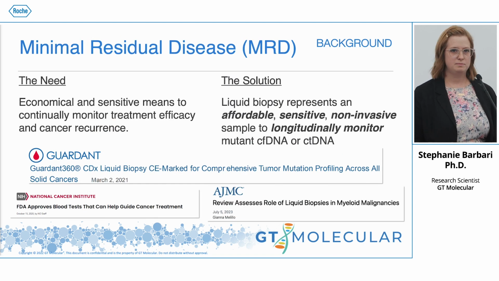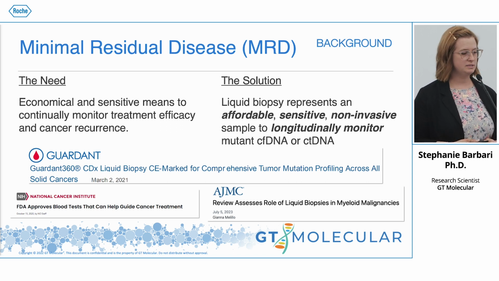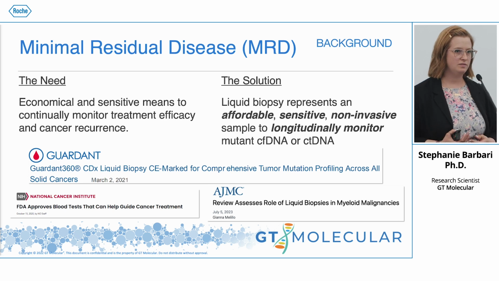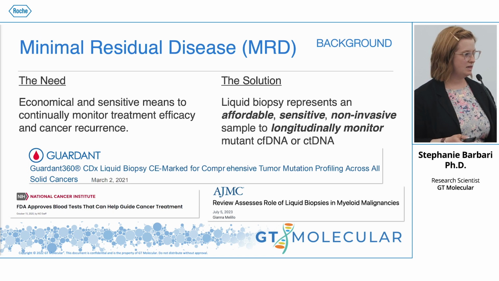A little more on minimal residual disease. This refers to any cancer cells that are left after surgery or treatment. And in order to improve the longevity and quality of life for these patients, we really need an economical, sensitive, and rapid means to detect these mutations and monitor how well a treatment is working and look for any cancer recurrence.